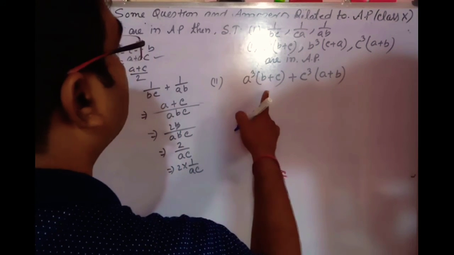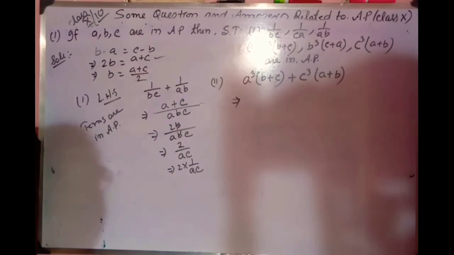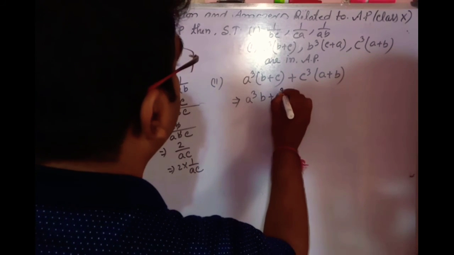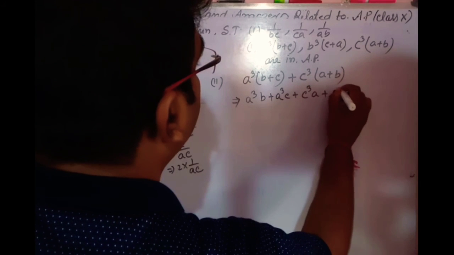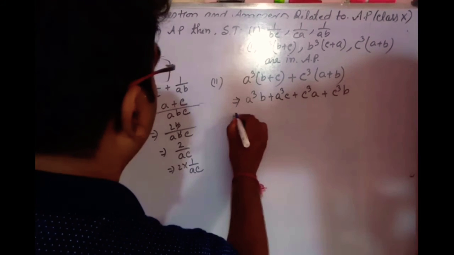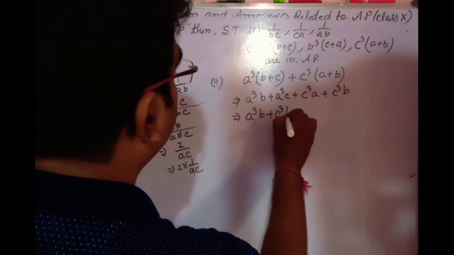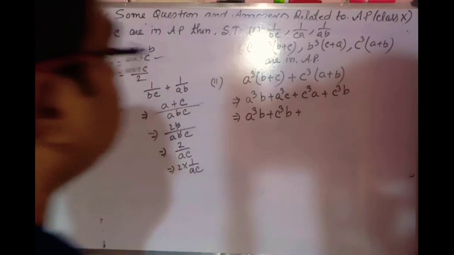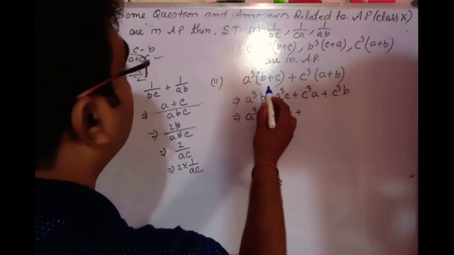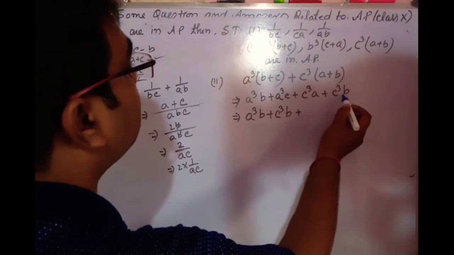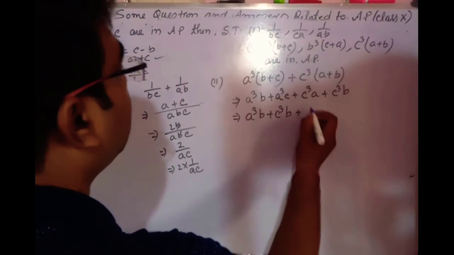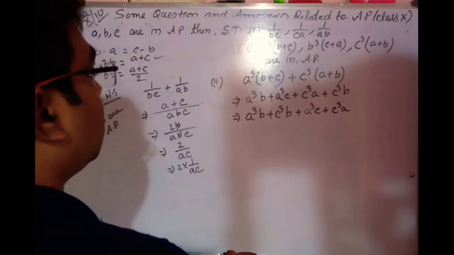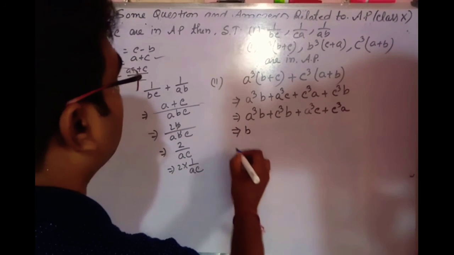So here, if you multiply, A cube B plus A cube C plus C cube A plus C cube B, now we are getting A cube B plus C cube B, and here A cube C plus C cube A. From here, if we take B common, what are we getting?